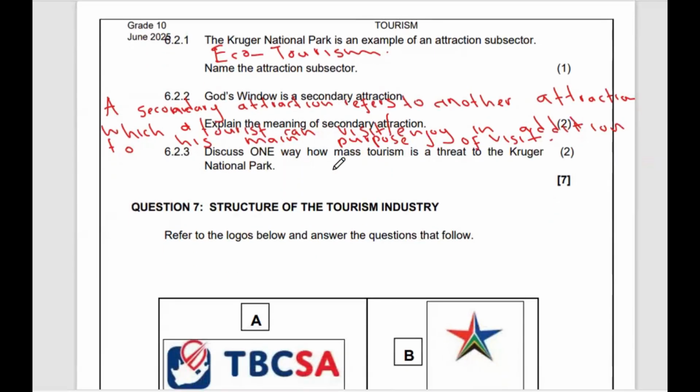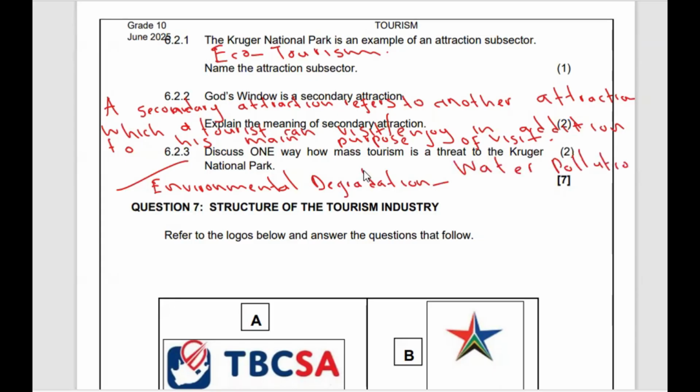So 6.2.3, discuss one way in which mass tourism is a threat to the Kruger National Park. Mass tourism results in environmental degradation. It also results in water pollution, and land pollution as well.